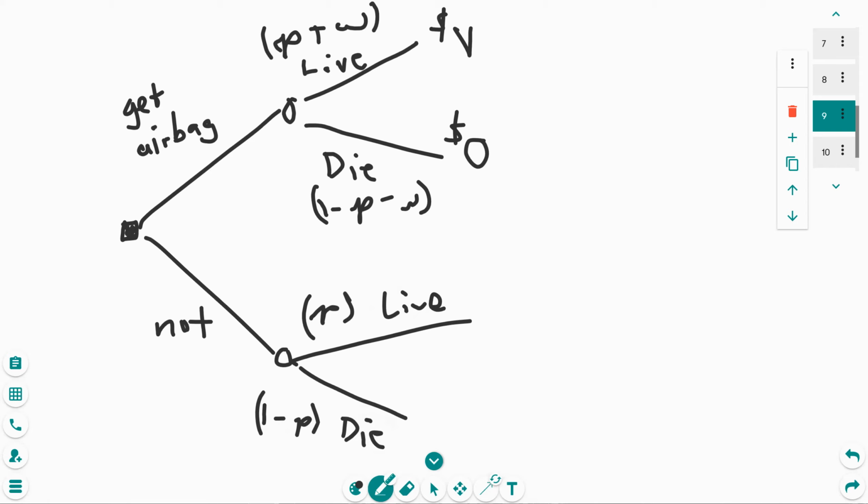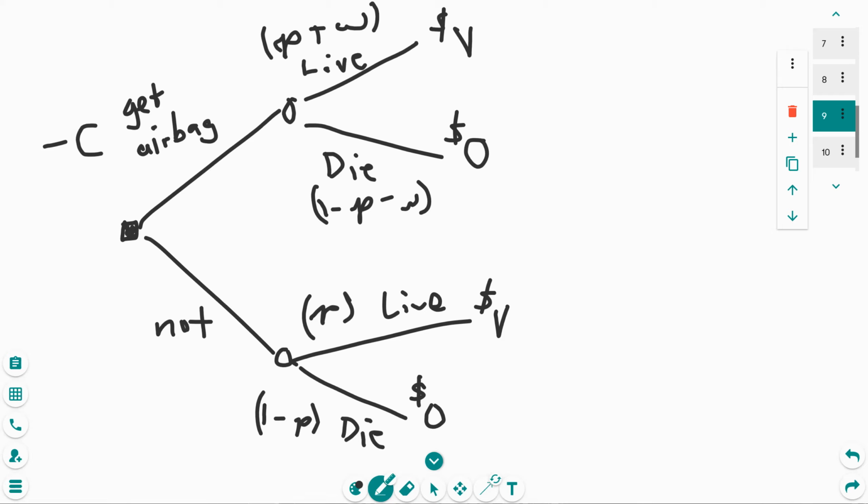And the payoffs to that would be, again, v in the case that you live and 0 in the case that you do not. And of course, just to be complete, this airbag is going to cost you some money, so there's going to be some cost C, which will be a negative payoff. Your income is reduced by amount C in this top decision where you get the airbag, but that will affect the probability of these outcomes, life and death, later on when you go and drive your car around.